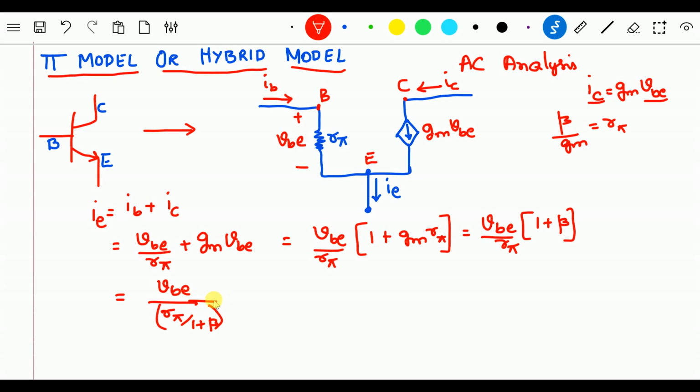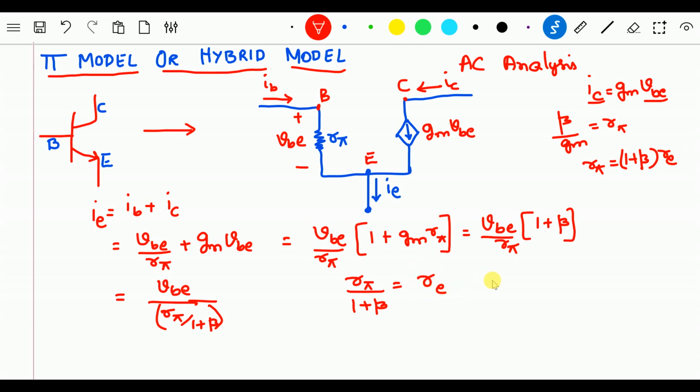Now this R pi divided by 1 plus beta, if you remember the relationship between R pi and RE which we did earlier, where R pi was equal to 1 plus beta times RE. In the previous video we derived this. So I can say R pi by 1 plus beta can be written as RE.